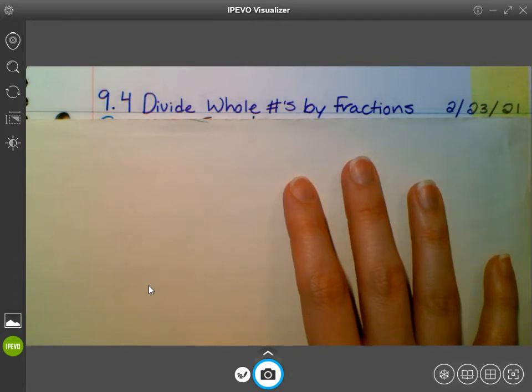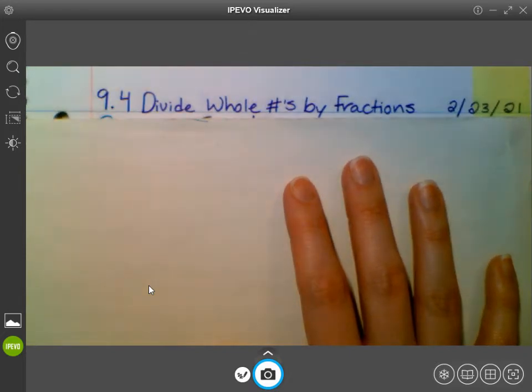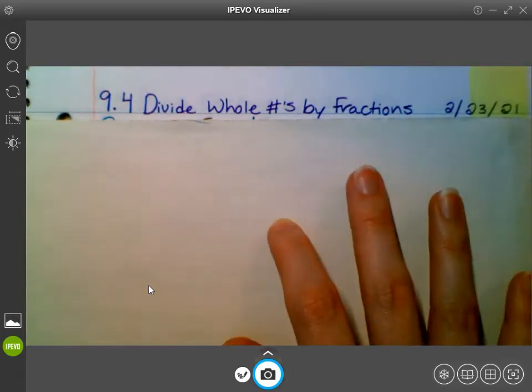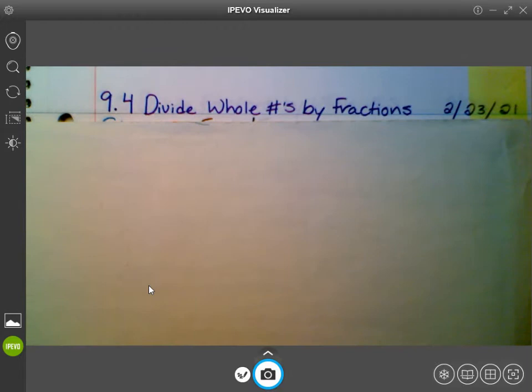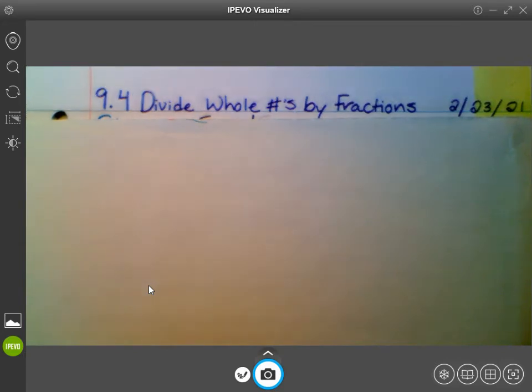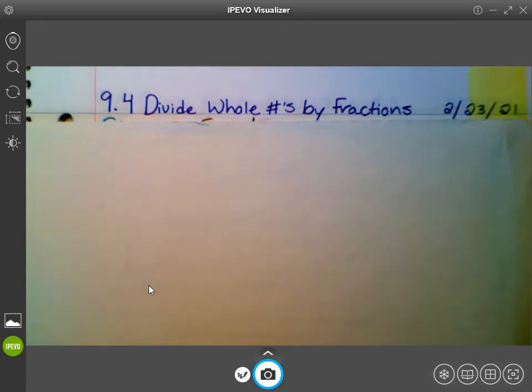All right. Are we ready to move on to the steps? Today we are practicing taking a whole number and dividing it by a fraction. Tomorrow we're going to do the opposite. We are going to take a fraction and divide it by a whole number. Then we'll practice dividing just fractions.